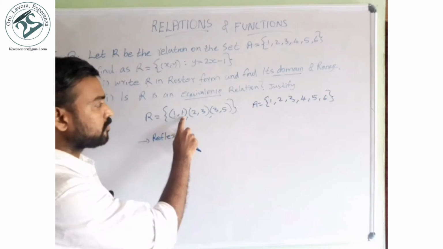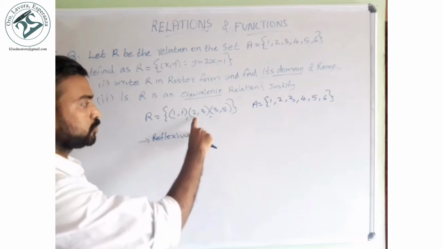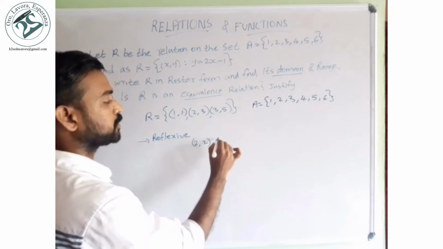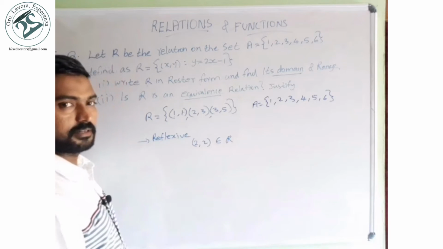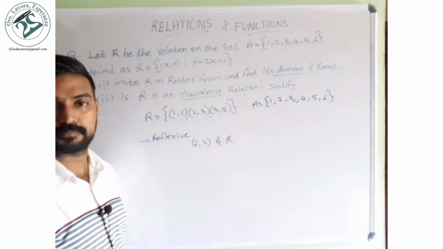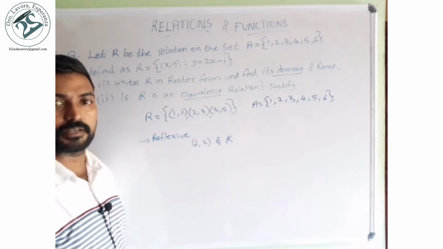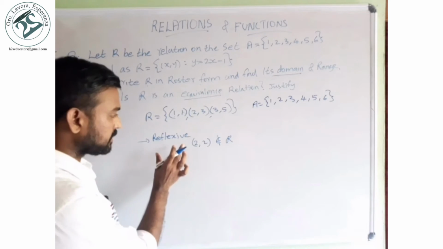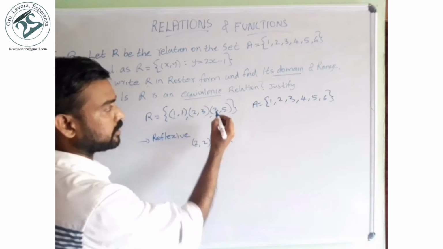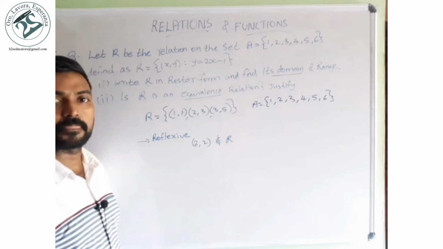Here (1, 1) is there. Here 2 is there. In such cases (2, 2) is also required to exist in the set R. But in this relation (2, 2) does not exist. It is not an element of the relation. If it is reflexive, (2, 2) is required, and here 3 is coming as an element in the domain.